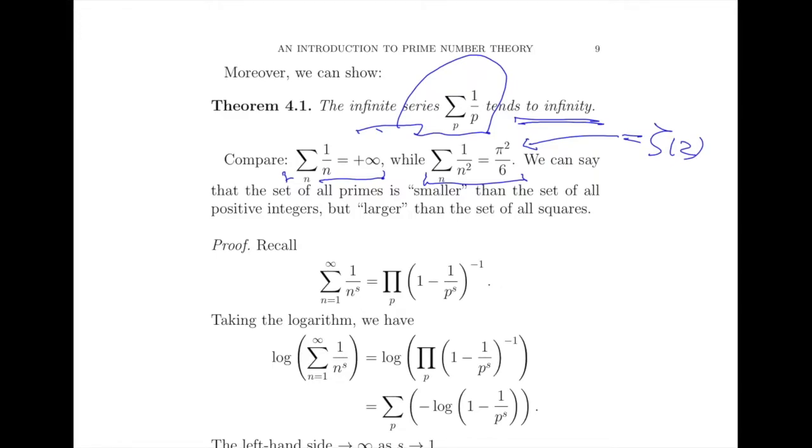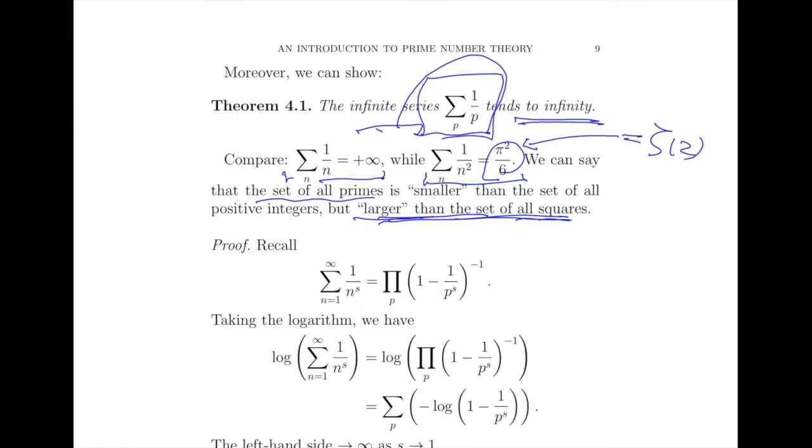So some infinite series go to infinity, and some go to a finite number. But this infinite series consisting of the reciprocals of primes tends to infinity. So in this sense, the set of all primes is larger than the set of all squares. Do you understand the meaning?